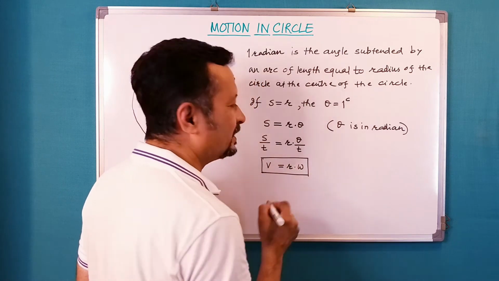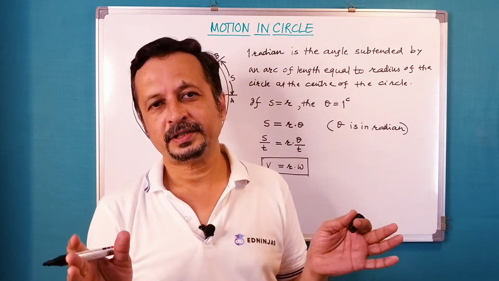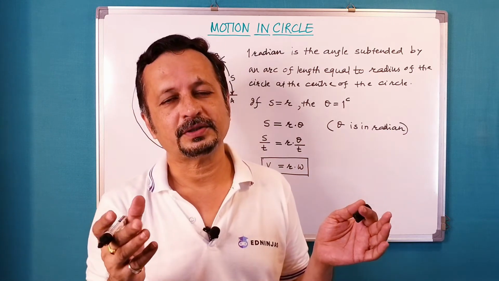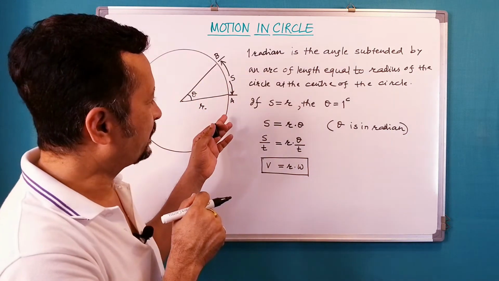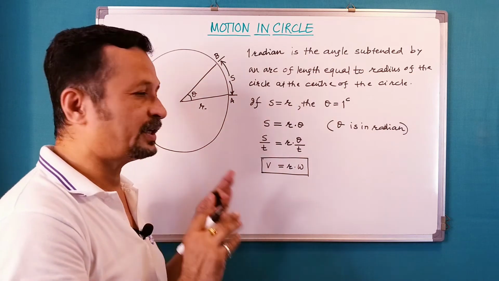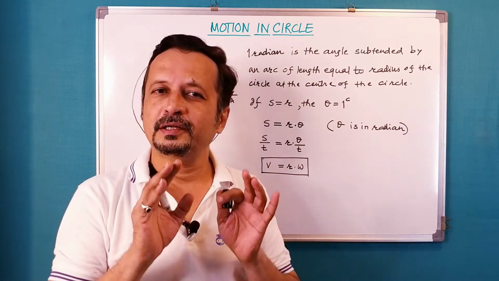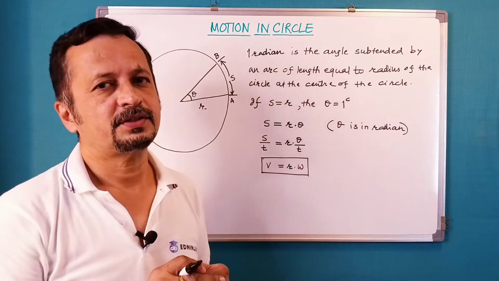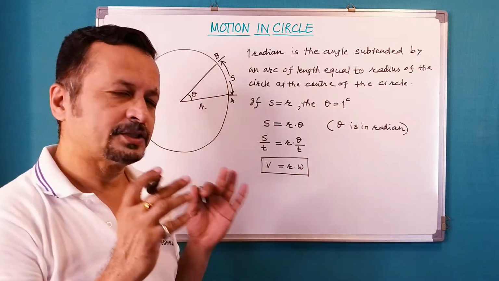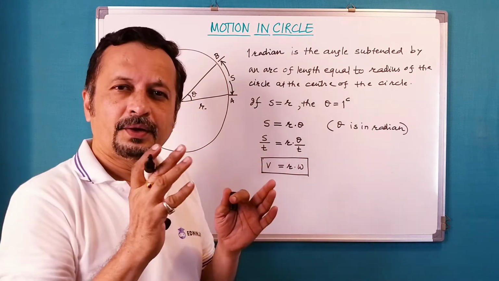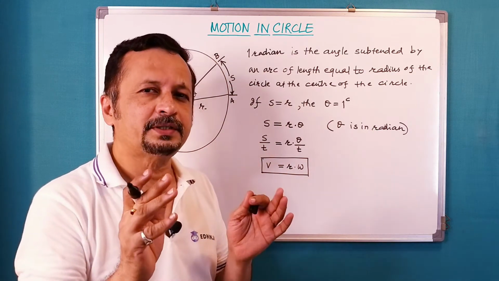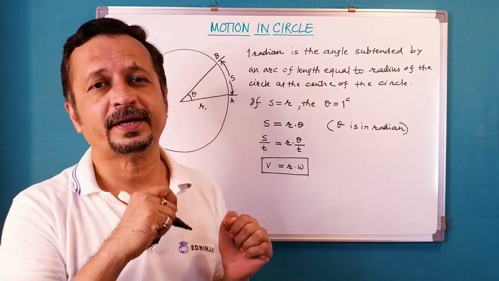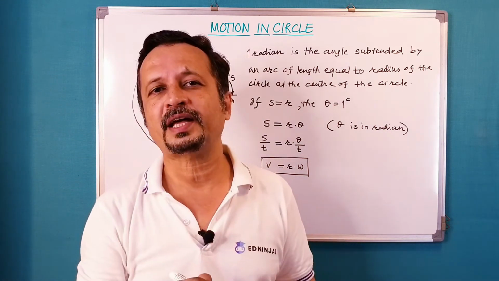So this is the relation between velocity, radius and angular velocity, correct? So at any point of time, the magnitude of velocity would be equal to the product of angular velocity and the radius of the circle. Actually when we talk about velocity, would it not be instantaneous velocity? Because velocity is a vector, right? So vector has to have direction, correct?